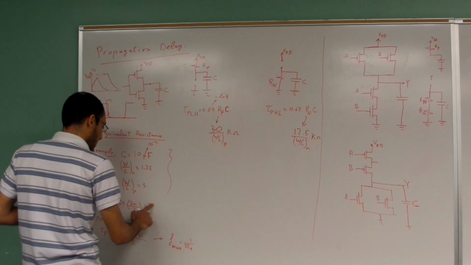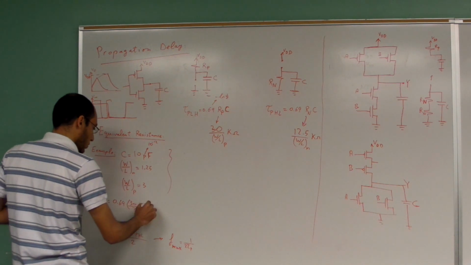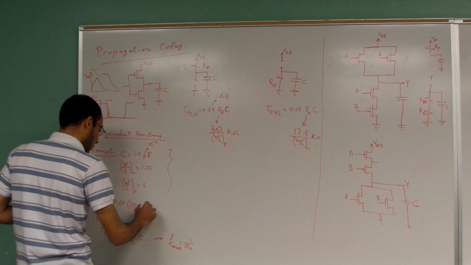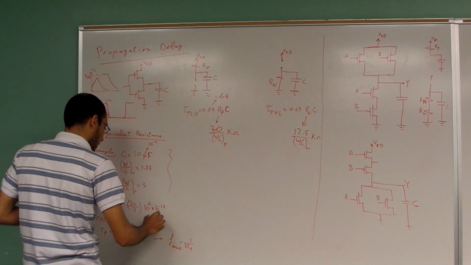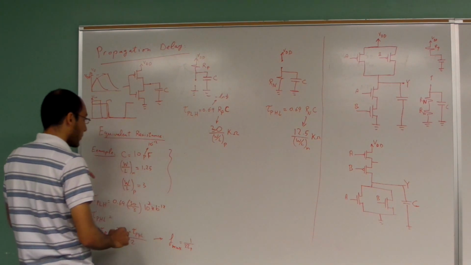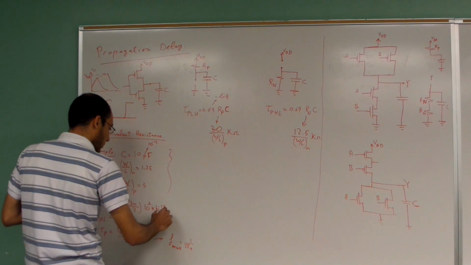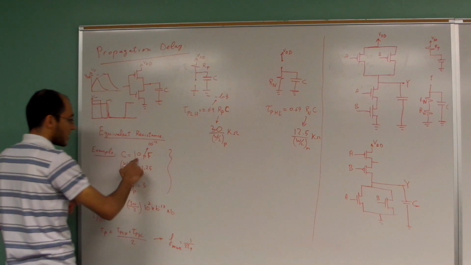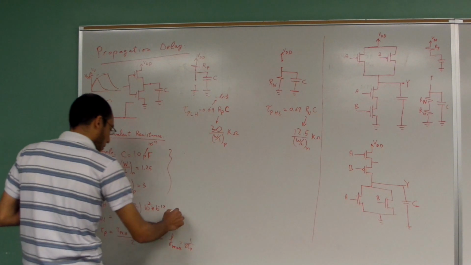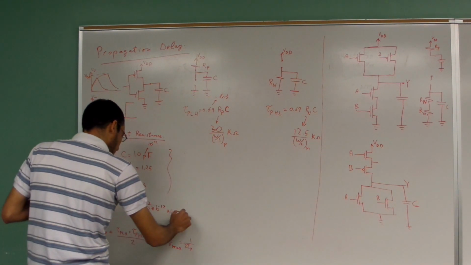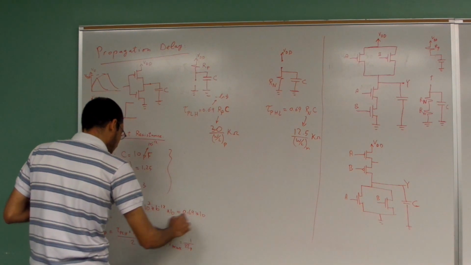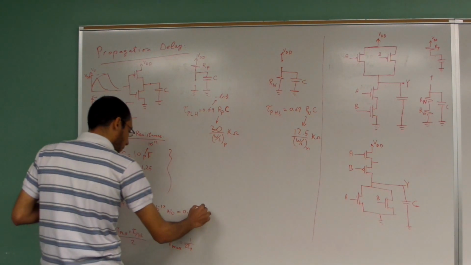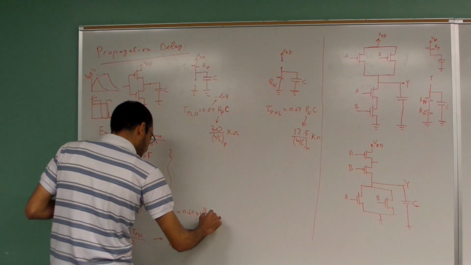This is a kilo, so 10 power 3, multiplied by 10 power negative 12, picofarad, multiplied by the 10, because it's 10 picofarad. You get 0.69 times 10 power negative 8 seconds.